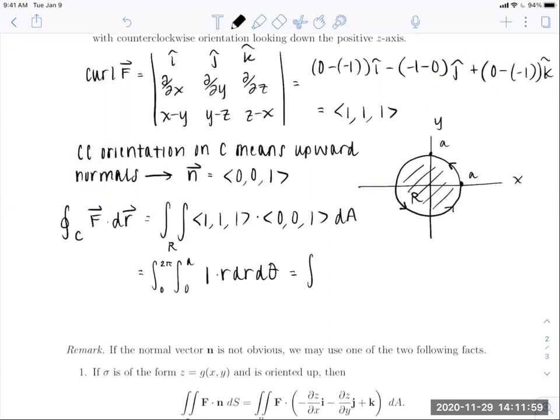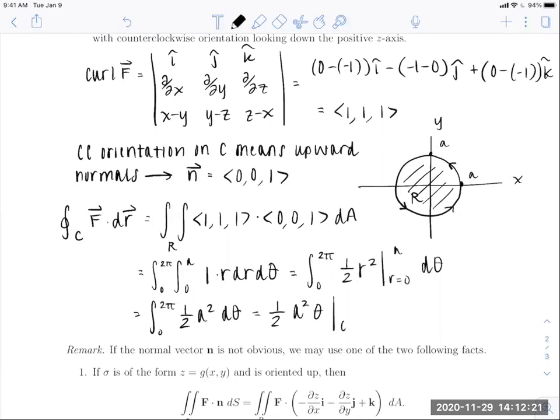All right, so then let's carry out this integration. First, I'm going to integrate with respect to r. That's going to give me 1/2 r squared, where r is ranging from 0 to a, d theta. So that is the integral from 0 to 2 pi of 1/2 a squared d theta, which is 1/2 a squared theta, where theta is running from 0 to 2 pi.